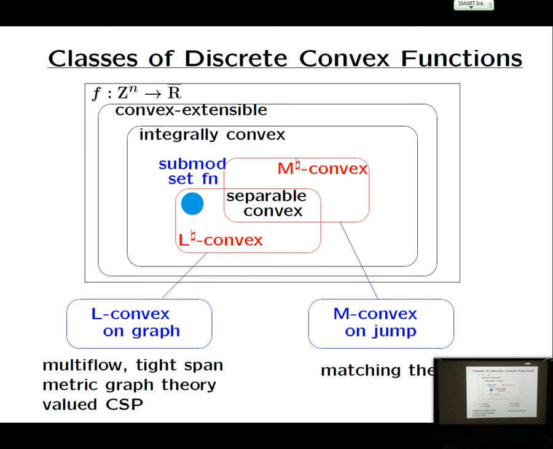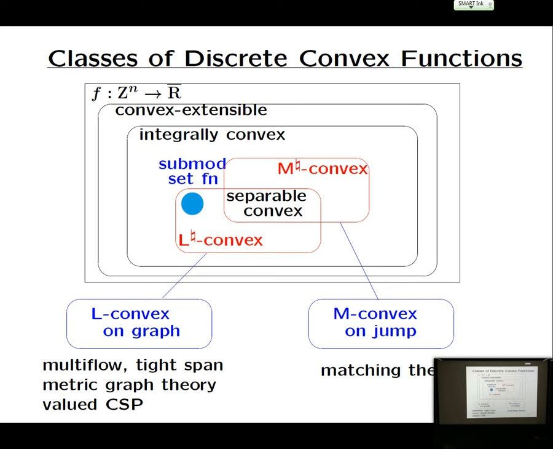The first ones here are suitable for modeling bipartite graphs or network flow. But of course, you are interested in non-bipartite matching. Good morning, Andras. You can still catch up. Actually, jump system is his favorite object, and so matching theory and non-bipartite graphs. This doesn't fit in this framework, so the concept is generalized.